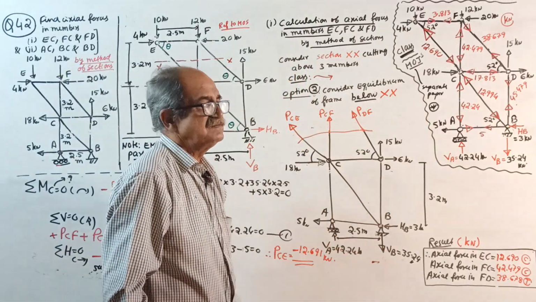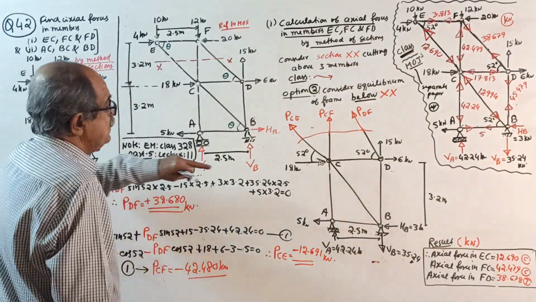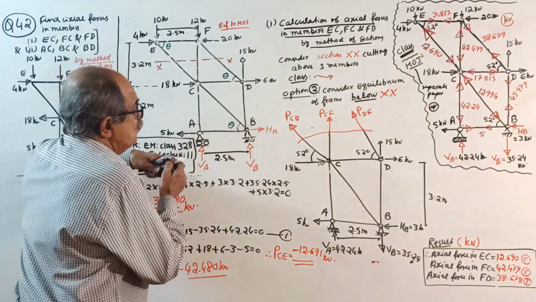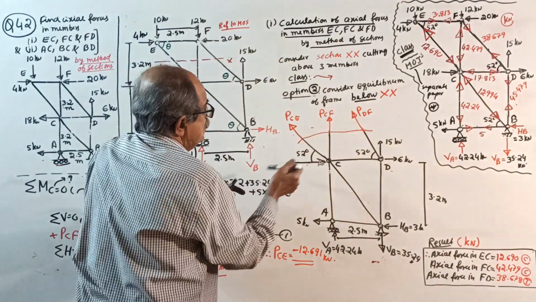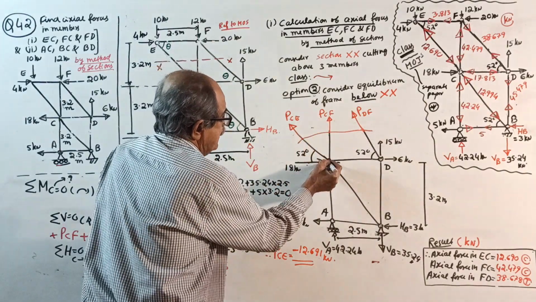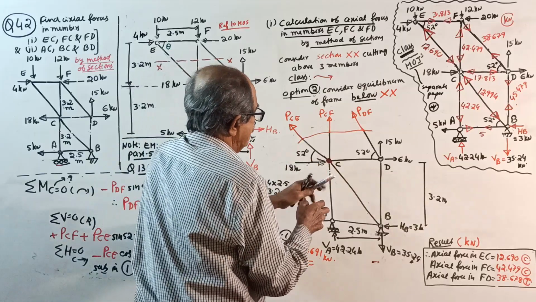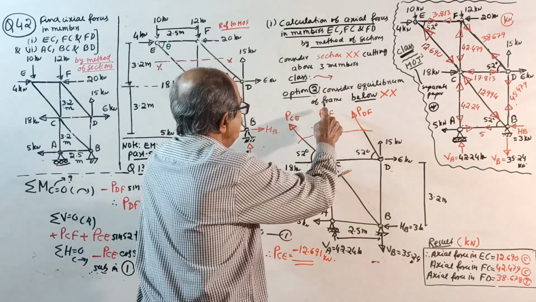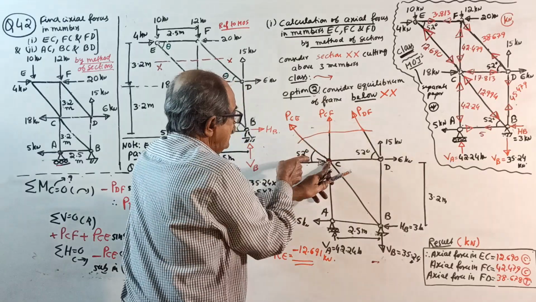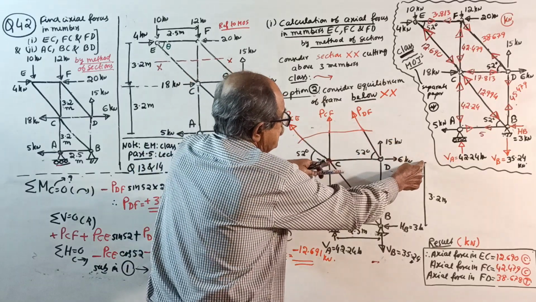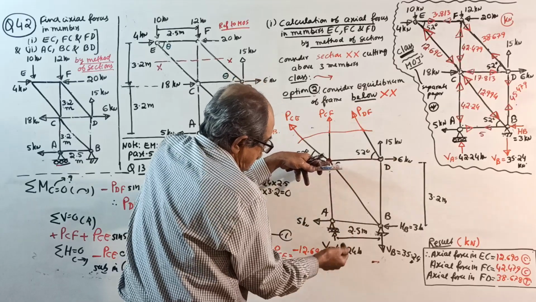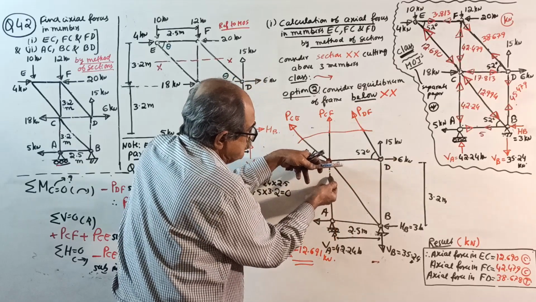Mark all dimensions. Take moment about C. Now among the 3 unknowns, 2 unknowns are meeting here at C. Take moment about C. So if you take moment about C, PCF into 0, PCE into 0, 18 into 0, even 66 also into 0, even 42.24 also into 0.